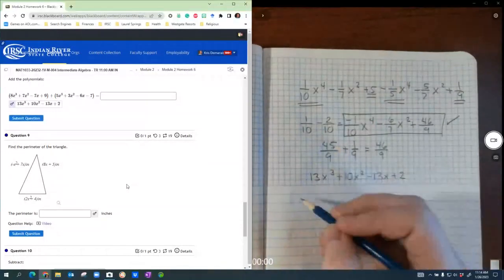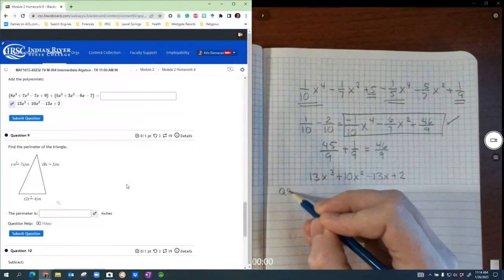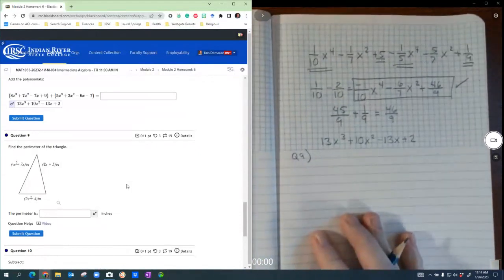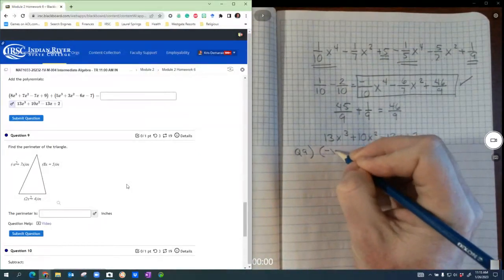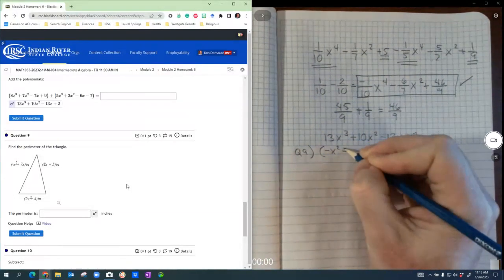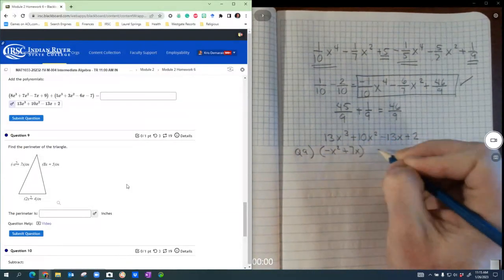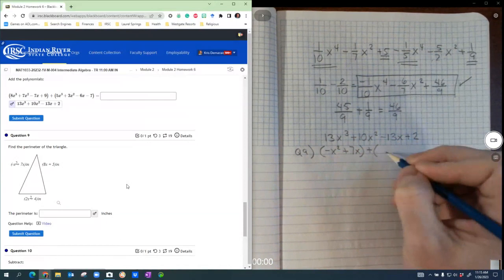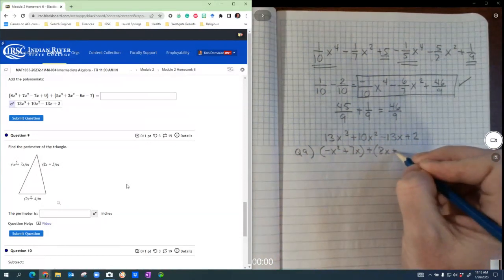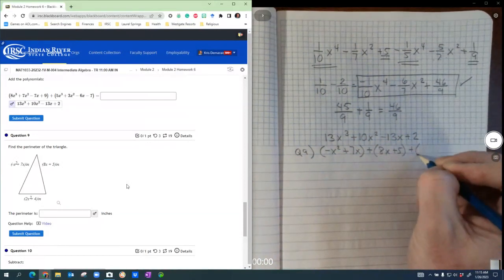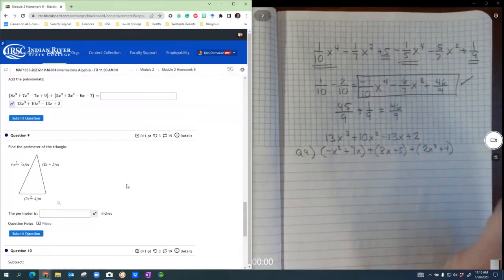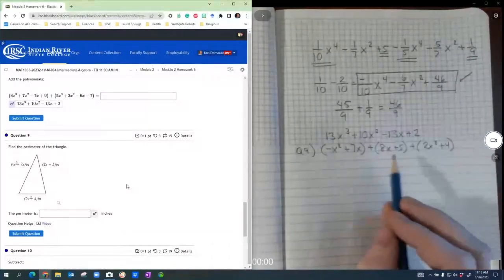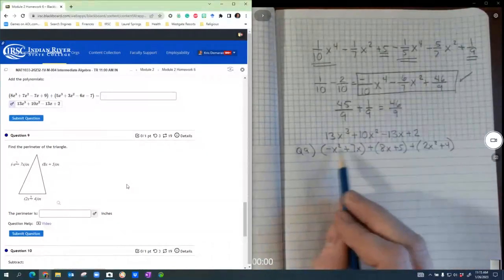Now, for question number 9, it's adding all our sides together. So we're adding negative x squared plus 7x, adding that to 8x plus 5, and adding that to 2x squared plus 4. What we're doing, of course, is just adding our like terms together.